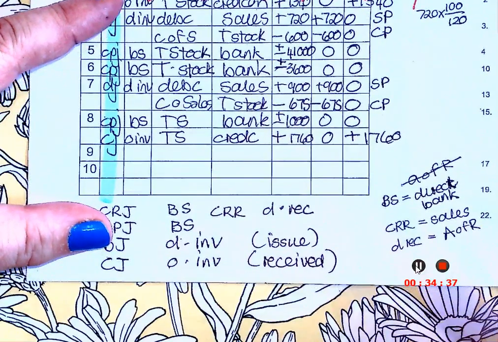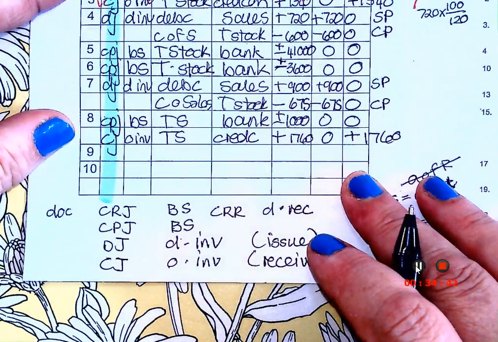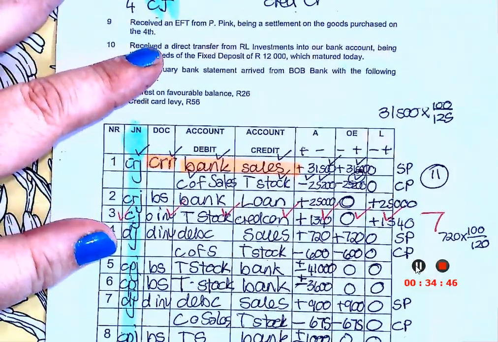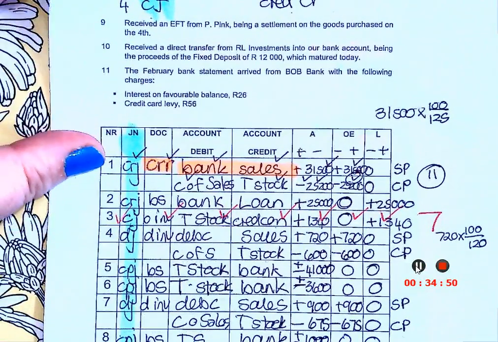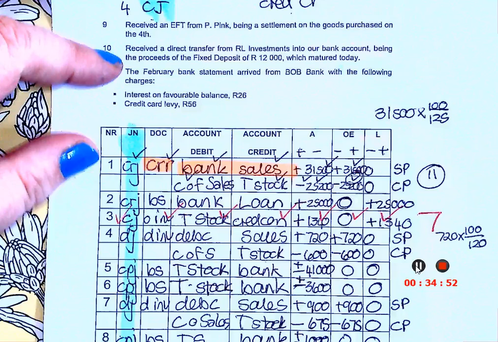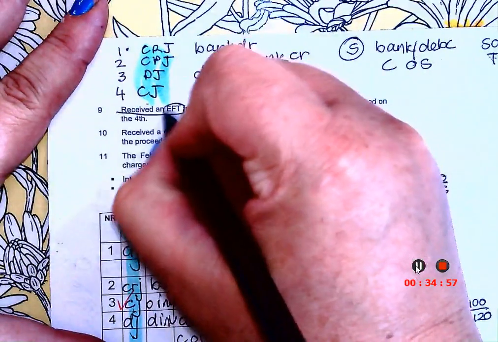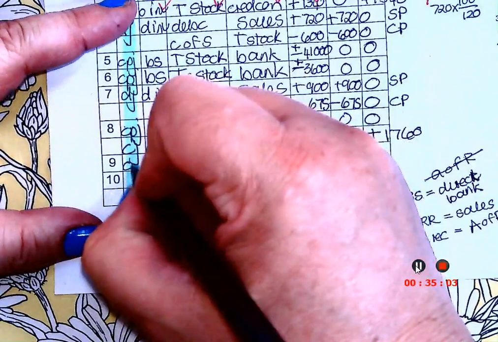Number 9. We received an EFT from Pink because she bought goods from us. Can you see? This is a debtor. So if we receive an EFT, we receive cash, it's a CRJ. So a CRJ, but I receive it as an EFT.